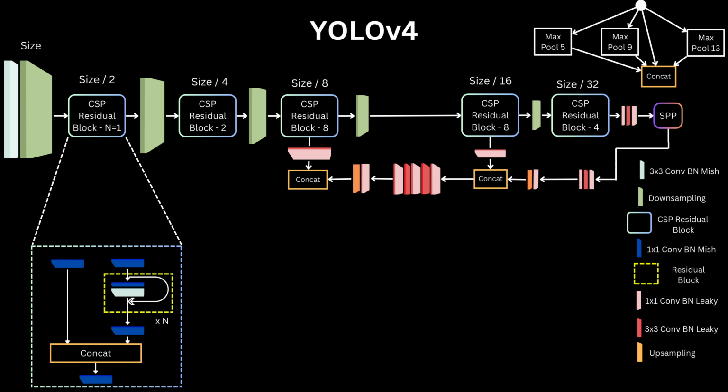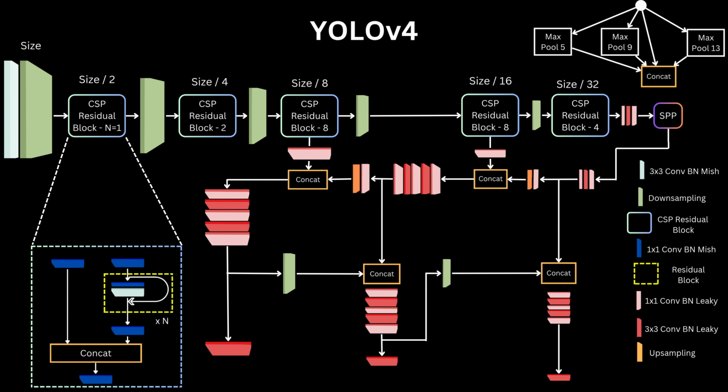Then we have the bottom-up pathway, where now we move from size by 8 to size by 32 features, and this time downsample features. After every downsampling, we concat with a similar resolution feature from the top-down pathway. The head of YOLO v4 uses features of different resolutions from the bottom-up pathway to make predictions for different scales of anchor boxes using 1x1 convolution layers.